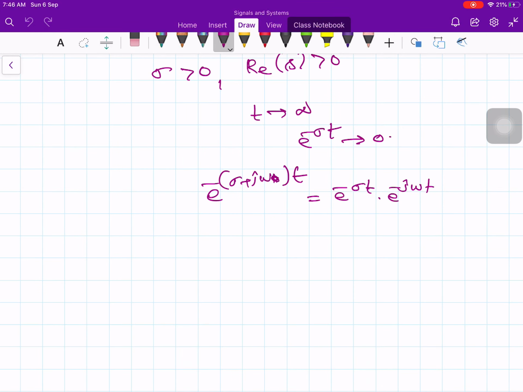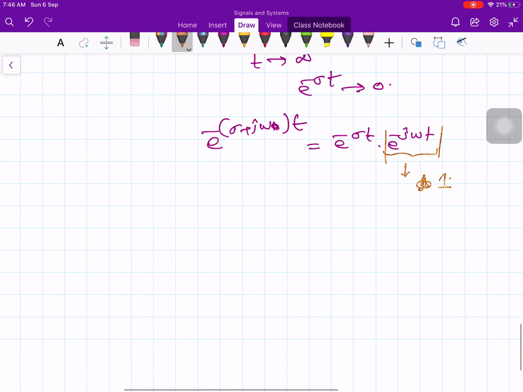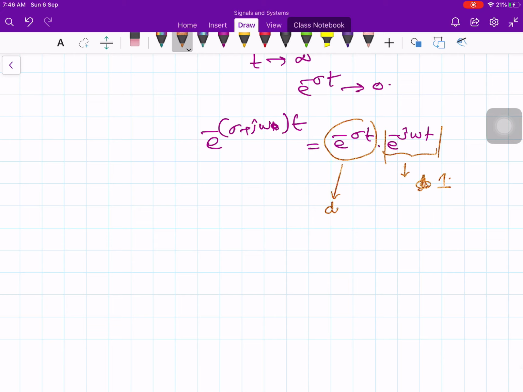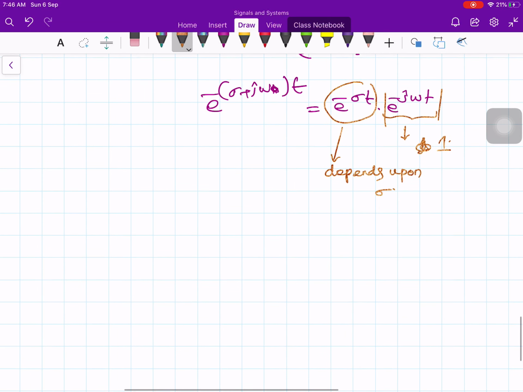You substitute any value, its magnitude is always equal to 1. But the magnitude of e to the minus sigma t depends upon sigma as well as t.